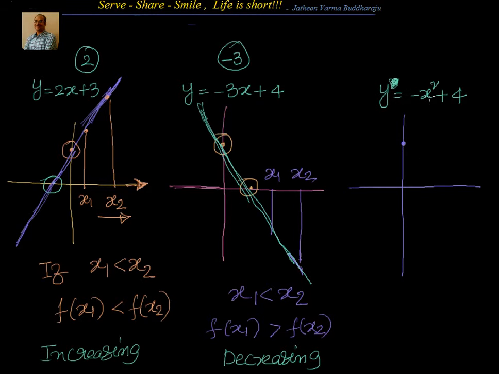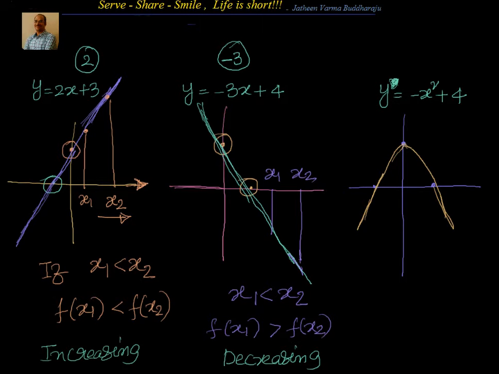And when y equal to 0, x square is 4, so x equal to minus 2 or x equal to plus 2. So the y value will be 0 there, and you know that it's basically a parabola, x square equal to 4ay. So the parabola will be like that.